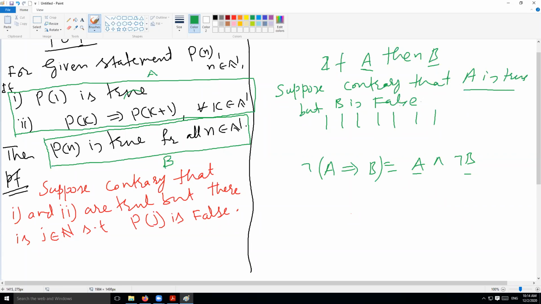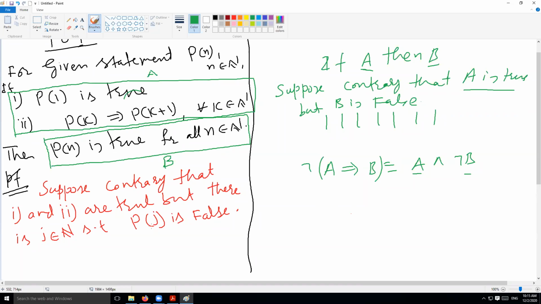Assume A is true and B is false. Here A is statement 1 and statement 2, so 1 and 2 are true. And B is that P of n is true for all n. The negation of it is that there is some natural number, let's give it a name j, such that P of j is false.